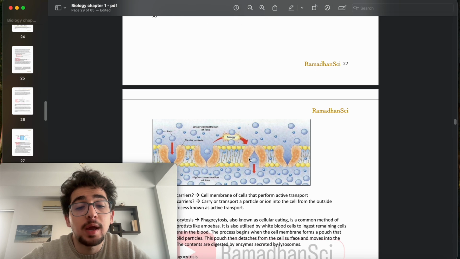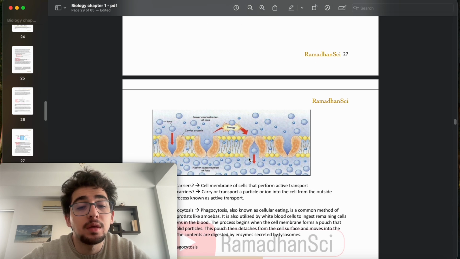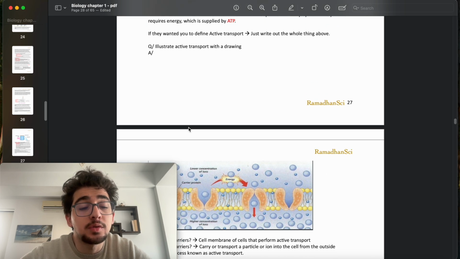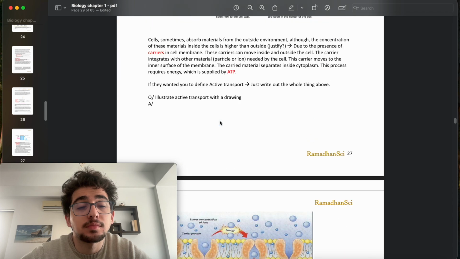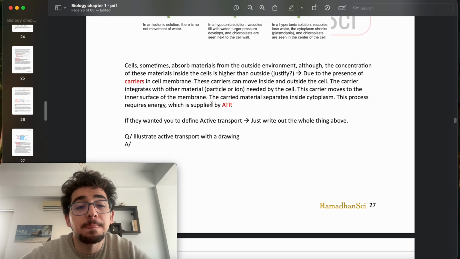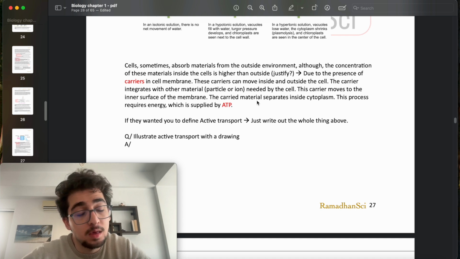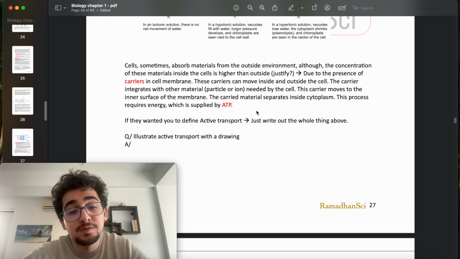Finally, we will just describe the, this is not finally, actually. Now we will just describe the active transport. Sometimes the concentration inside of the cell of a solute is very high compared to the outside.